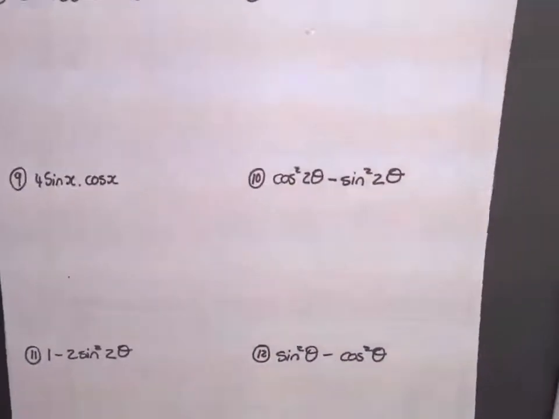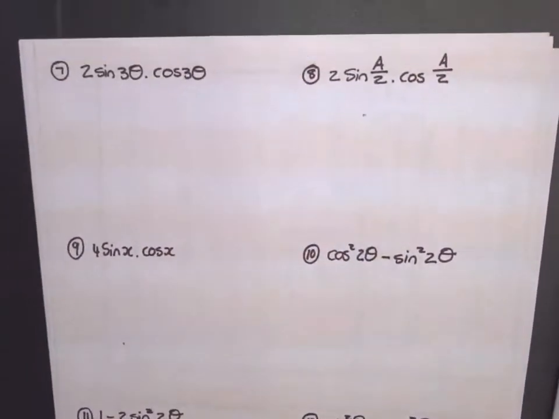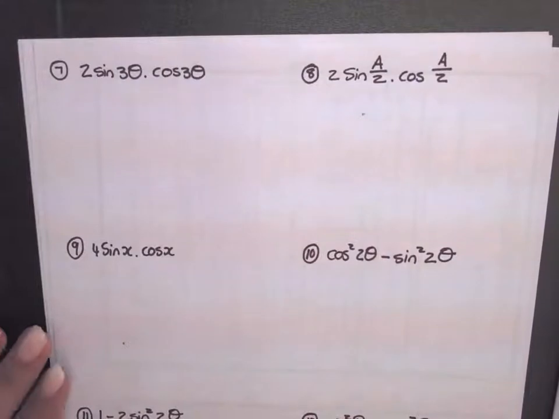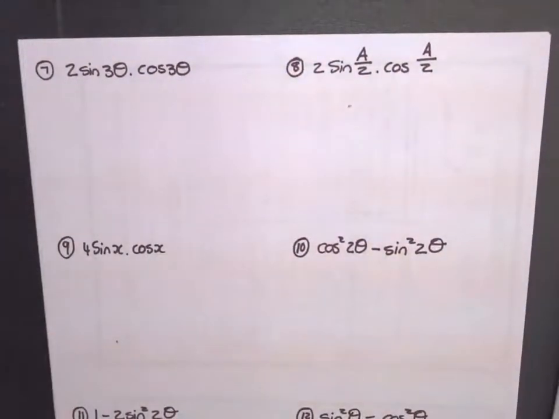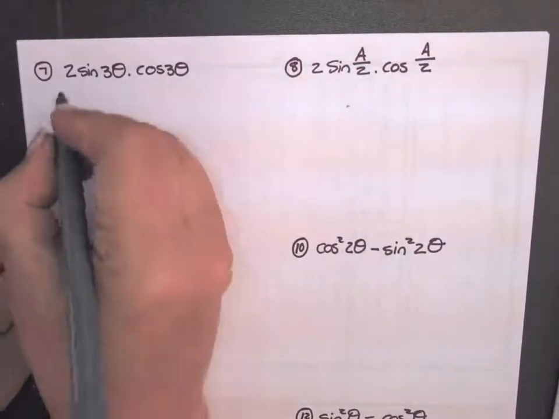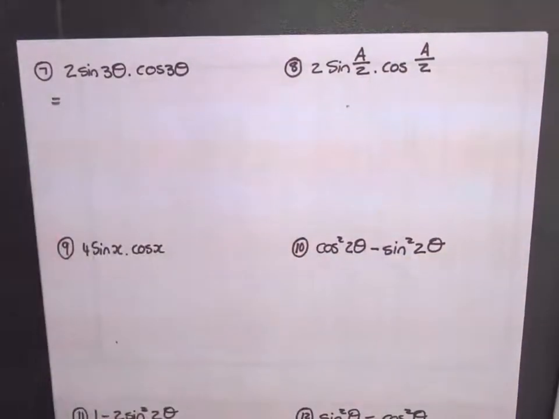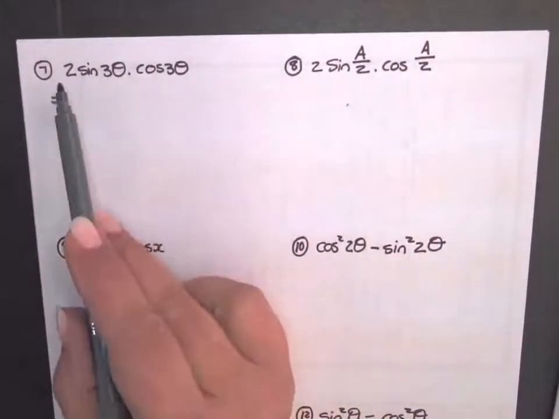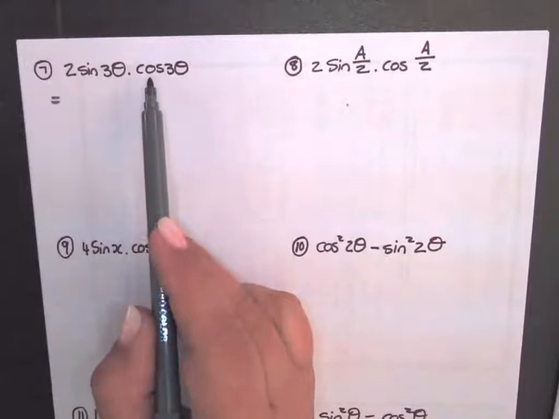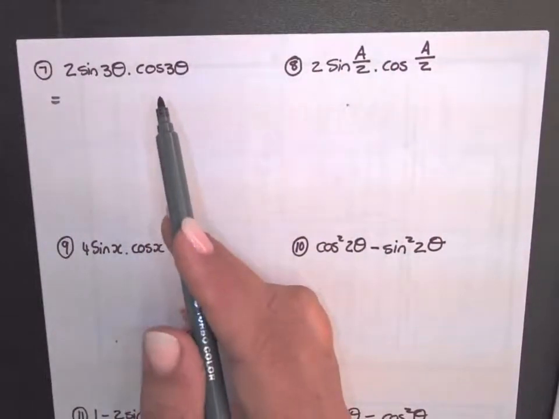Number 7. Now I give you the second part of the equation and you need to write the double angle. If you have a pattern 2 sine cos, what will the double angle be?